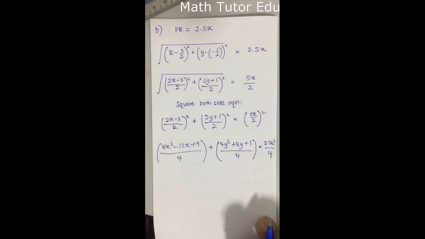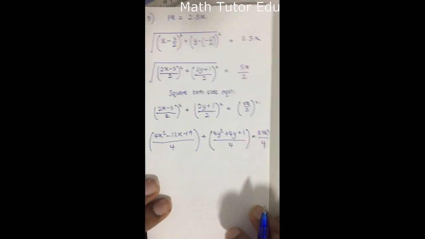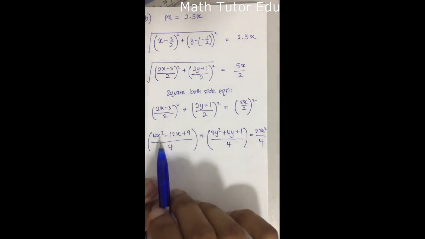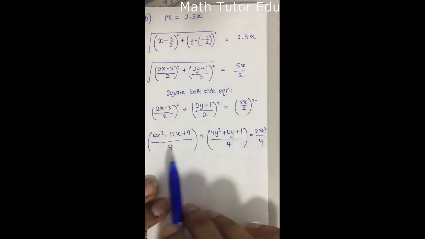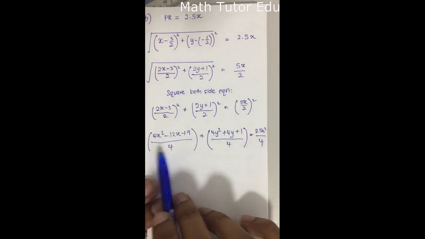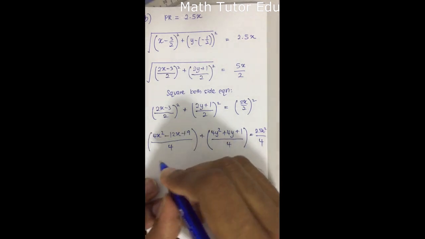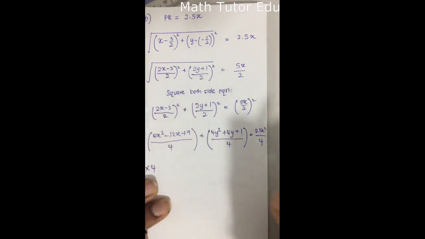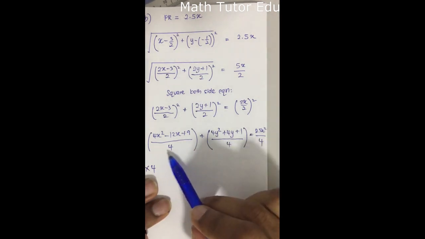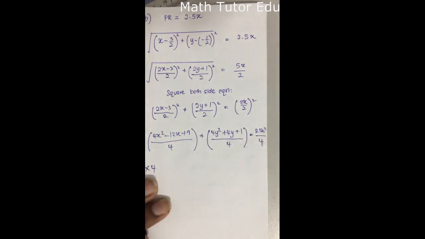Okay, so from here, as you can take note, both sides of the equation have the fraction over 4, guys. So what we can do is times the whole equation by 4. So why do we times by 4 on both sides? Very simple, for us to eliminate the fraction.